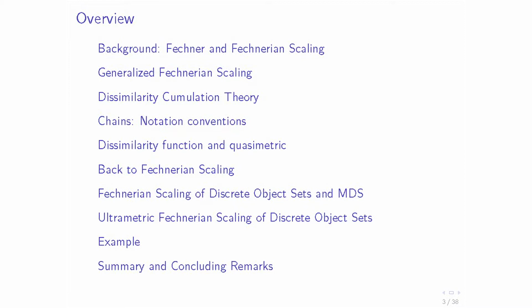And then I will come back to Fechnerian scaling and look at a rather special case of Fechnerian scaling where we actually collect or have collected data or analyzed data sets that were found in the literature. And then finally I will come to a most recent development, the so-called ultrametric Fechnerian scaling, and I will demonstrate this by an example.